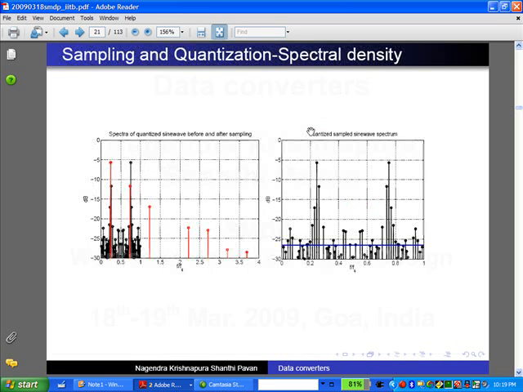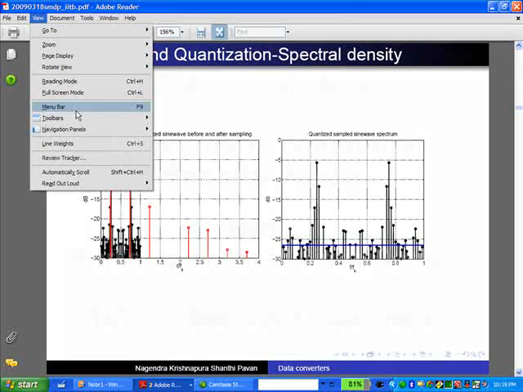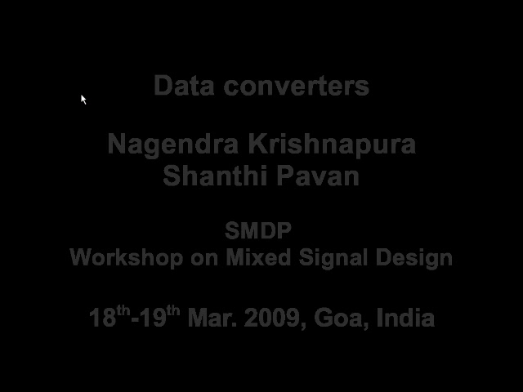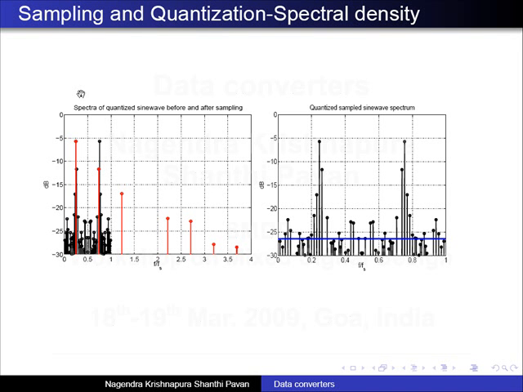The original sine wave was at this point, the very first red peak that you see. And then the quantized signal will have these harmonics. It will have this second harmonic also, and then third harmonic. Somehow in this case the fourth harmonic is missing. That's a coincidence. It doesn't have to happen.